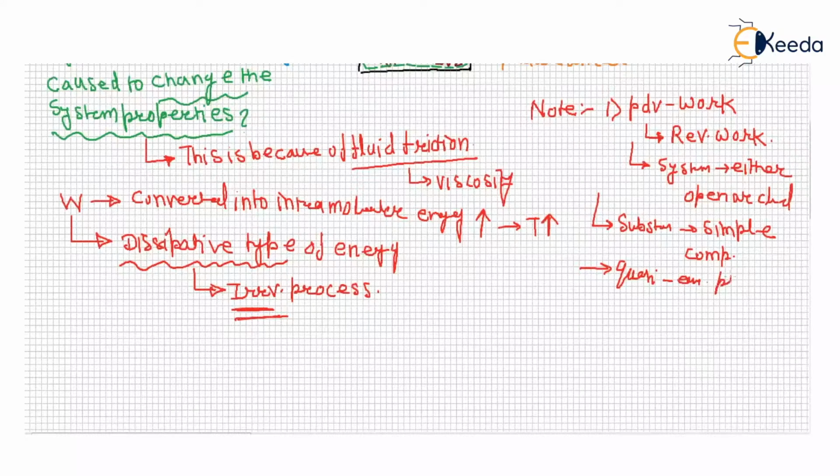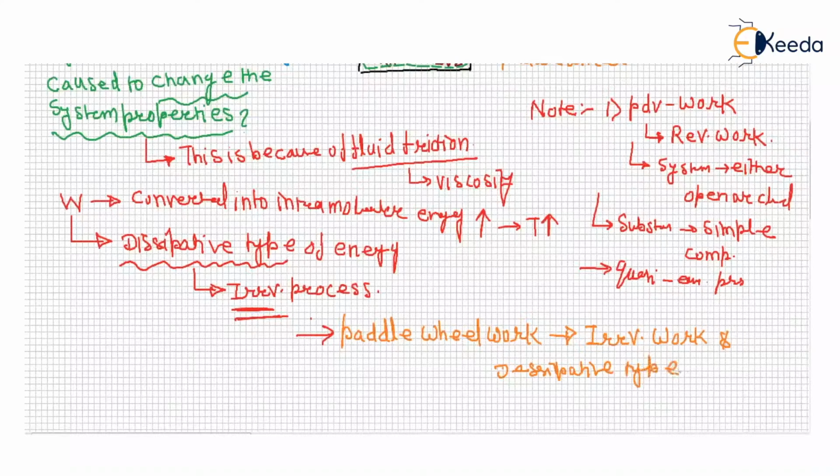But paddle wheel work is highly irreversible work, and it is dissipative type. And also this work is for either closed system or open system.